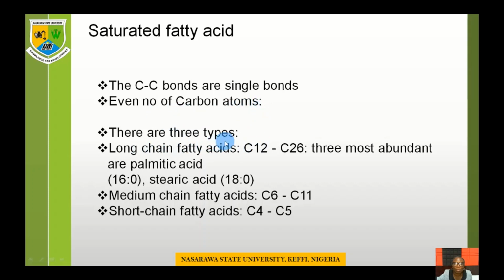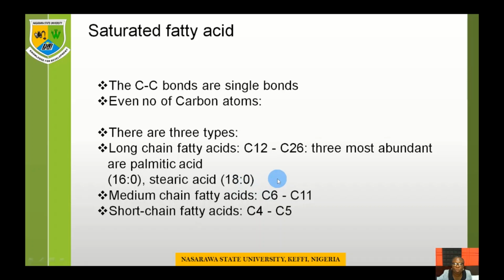Now, there are 3 types of saturated fatty acids. Number 1, we have the long chain saturated fatty acids, which can have a chain of carbon 12 to carbon 26. The 3 that are most abundant are the palmitic acid, the stearic acid, and then I think we have the oleic acid.